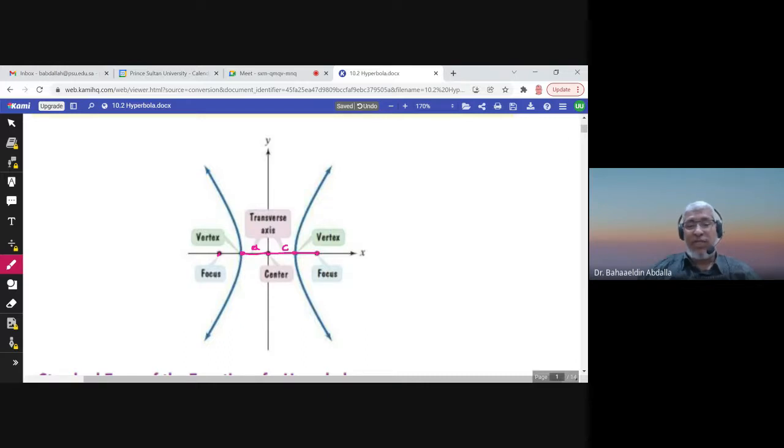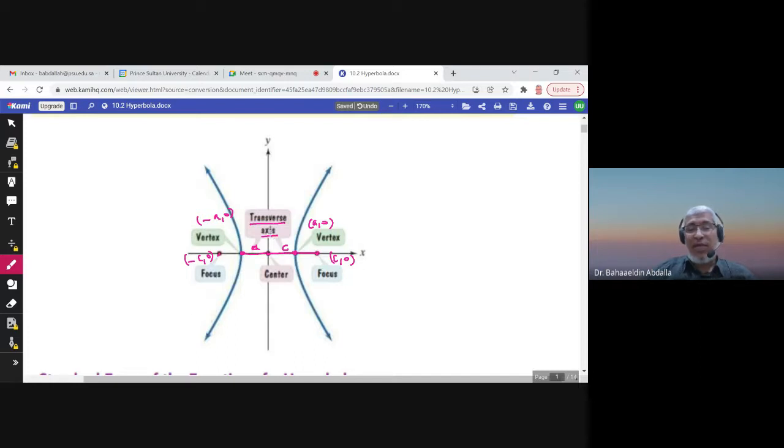There are two vertices. You can see that c is greater than a in the case of the hyperbola. The vertices then have coordinates (a, 0) and (negative a, 0), and the foci (c, 0) and (negative c, 0). The axis connecting the two vertices and the foci lies on is called the transverse axis.